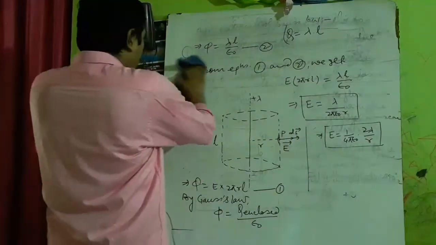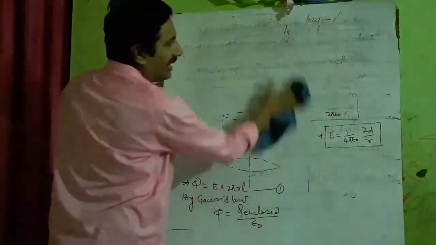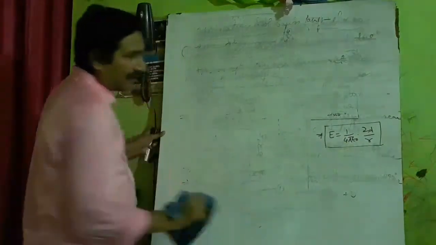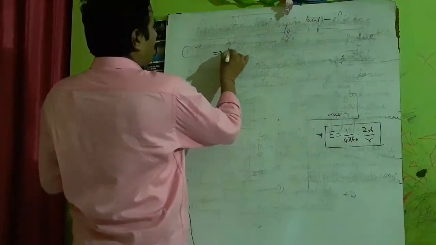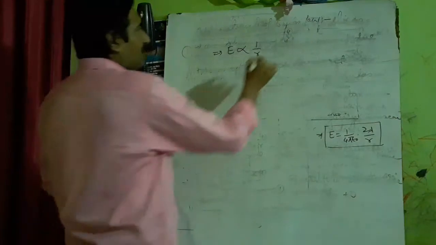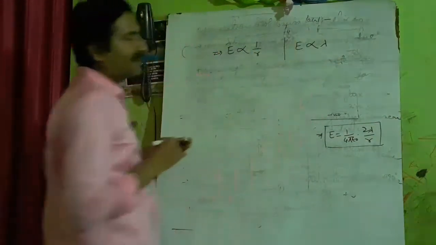Okay. Now we can draw some graph related to R. From here we can write E is inversely proportional to R, or you can also write E is directly proportional to lambda.